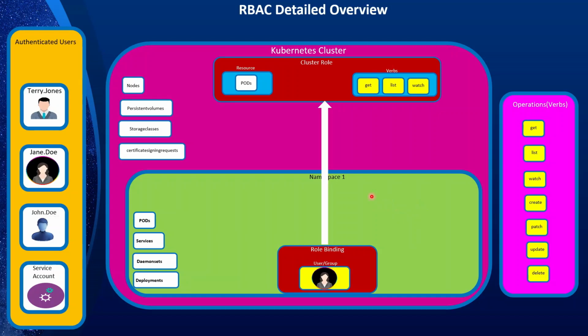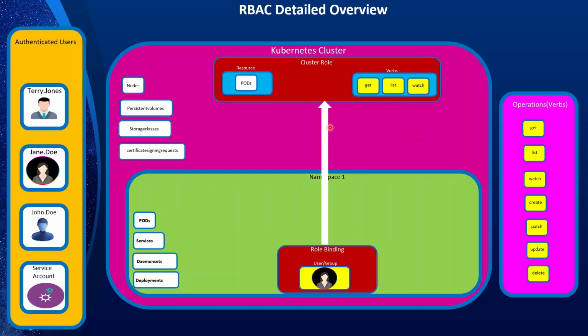But the other option would be to create a ClusterRole, like this one we created, like read access to pods, and then assign them to various people within the various namespaces. And that kind of lessens our work. Rather than creating 10 different roles, we only create one ClusterRole, and then we'll have 10 RoleBindings that are bound to that ClusterRole.